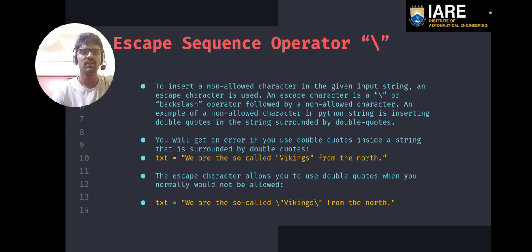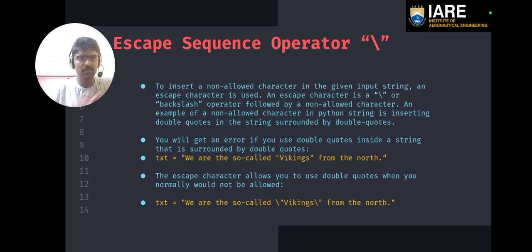So escape sequences, this is one of the main topics which are frequently asked in many CIE papers. So basically an escape sequence operator is used to insert a non-allowed character in a given input string, and an escape character is used.